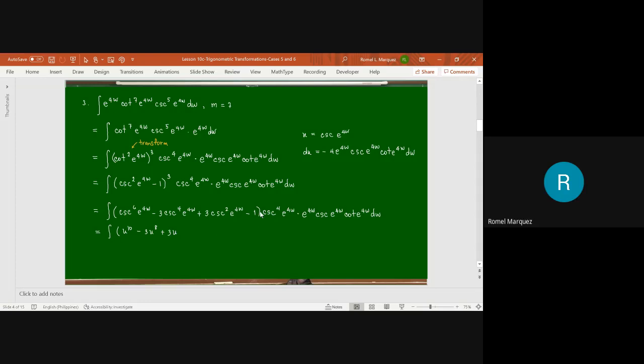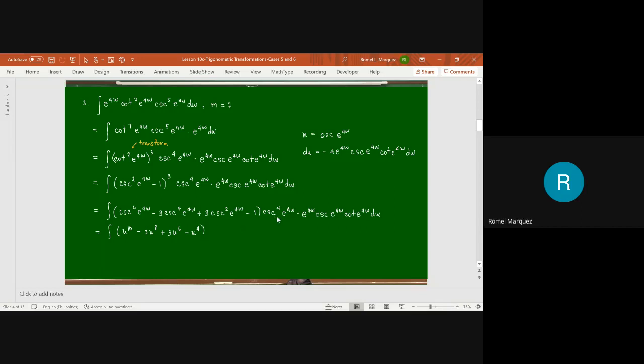U to the 4th, I mean. So u to the 6 minus, this is u to the 4th times negative 1, so negative u to the 4th. See the pattern: 10, 8, 6, 4. So these numbers will serve as n later. We have different n values and same base, u.